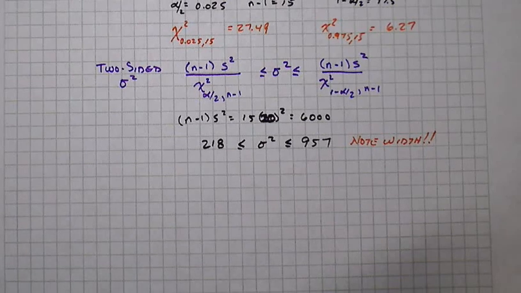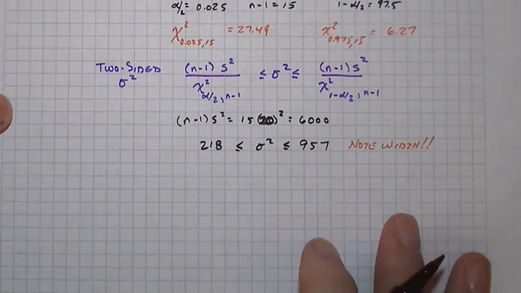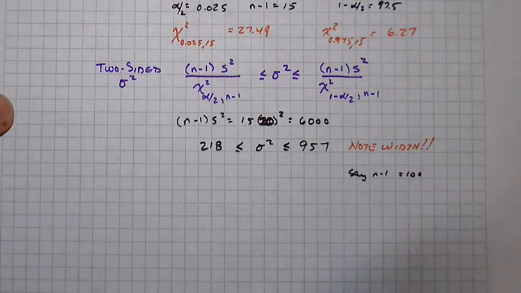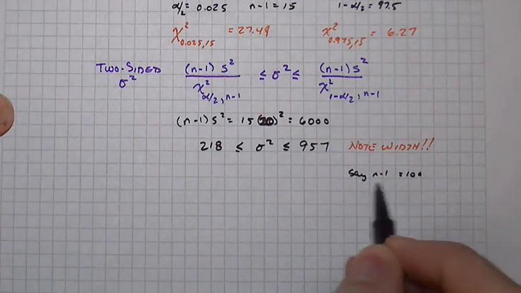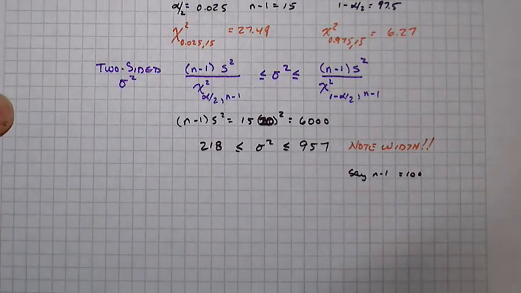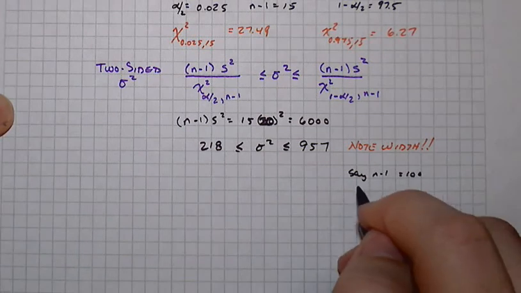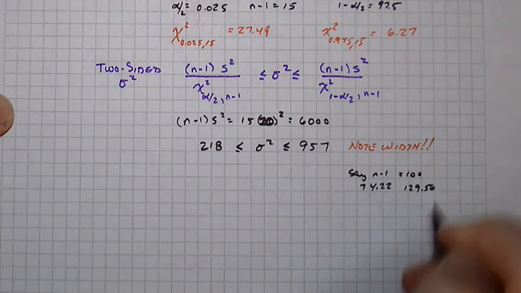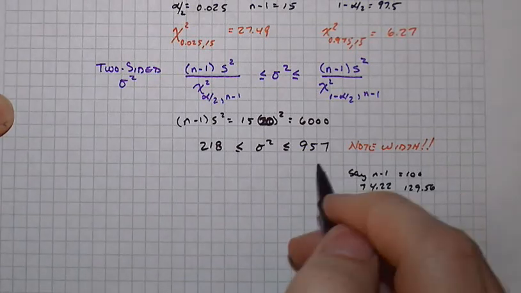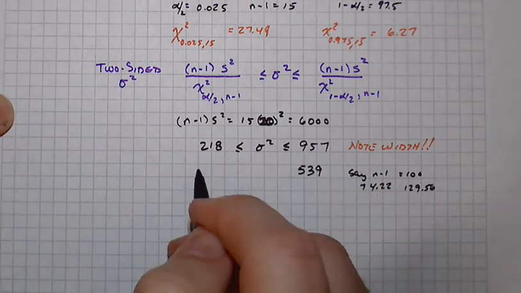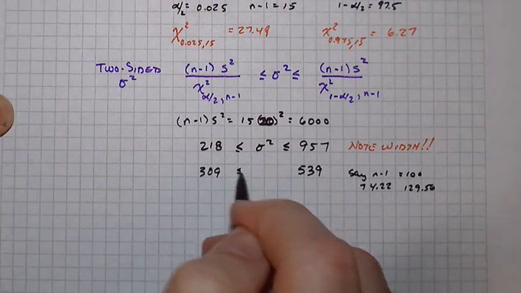Okay, let's say that we had n minus 1 equal to 100 instead. So now we have a much larger sample size. What would happen here if that were the case? Well, that would change our chi-square values to 74.22 and 129.56, and that would give us 539 and 309 for our confidence interval on the variance.